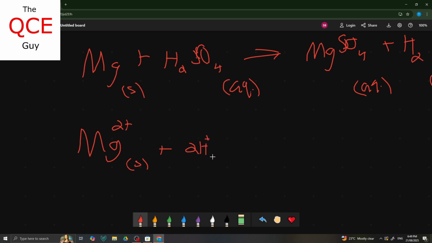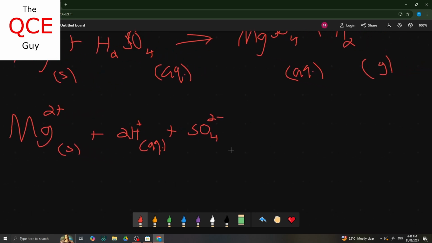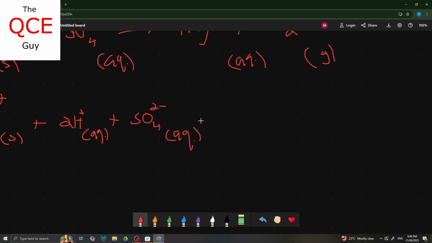These are going to be aqueous, and we're also reacting a sulfate ion, an SO4, which I think is a 2-, and that is also aqueous because of that solution of sulfuric acid.